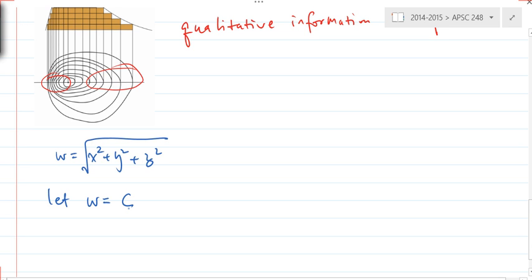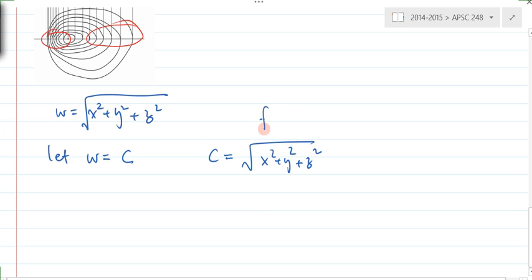If I let w equal to c, then I end up with c equal to x squared plus y squared plus z squared, which in general is a function of x, y, z.